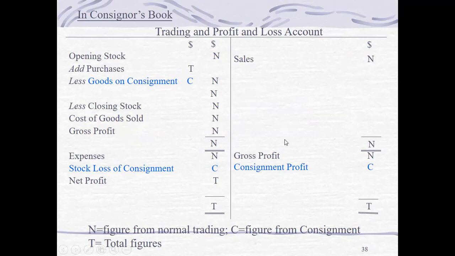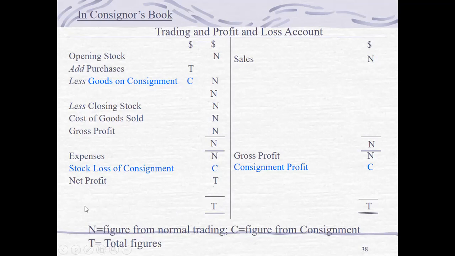And then we also have the difference between sales and our cost of sales or goods sold. So the consignment sales less the cost of consignment sales would be gross profit. Then we deduct the expenses, including the stock loss of consignment, so that would be equal to the consignment profit. And that will be our net profit here, in which that would equal both sides.